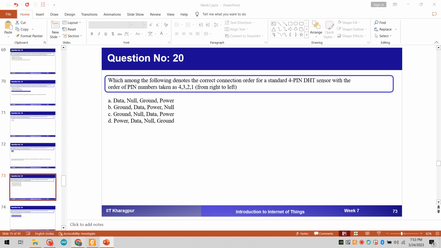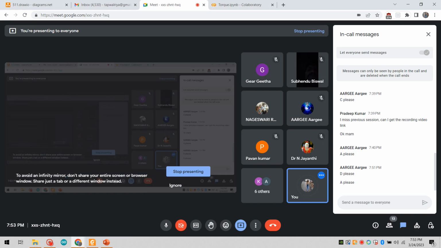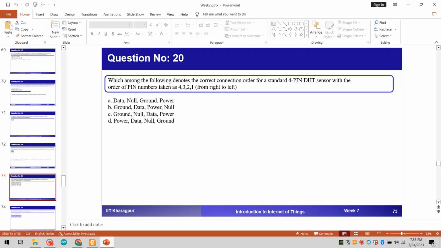We have discussed this thing many times. Okay, C. So you are saying pin 4 is ground, pin 3 is null, pin 2 is data, and pin 1 is power. Fine. Yes, this is correct. Pin 4 is your ground, pin 3 is null, pin 2 is data, and pin 1 is power.